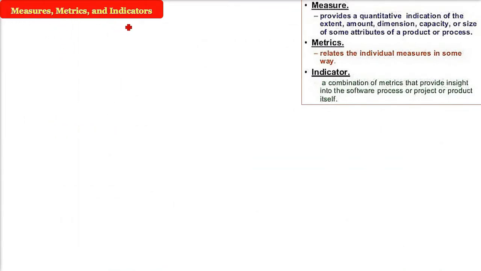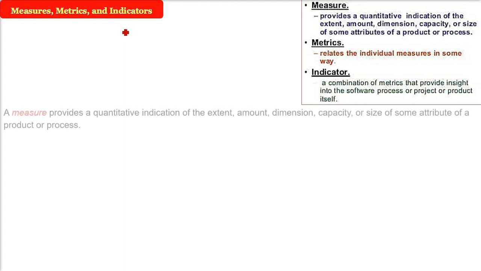Measures, metrics and indicators. These are the three things we will be talking about, and they are quite close to each other. Measure, the measure is a mark. Measurement is the act. Okay, let me tell you. The measure provides a quantitative indication.